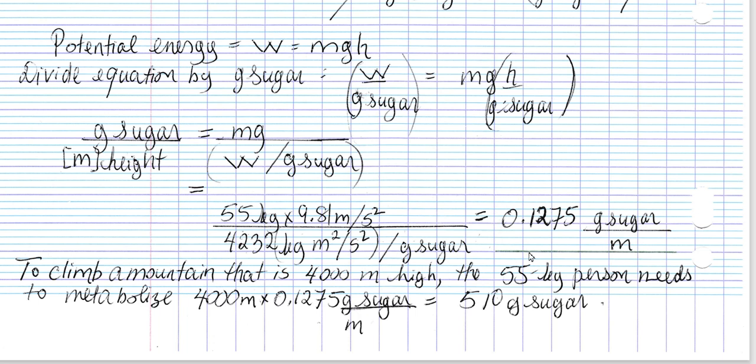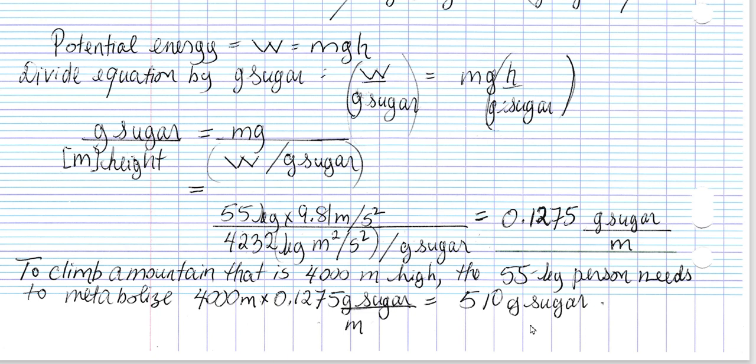So, in other words, to be able to climb 1 meter, 0.1275 grams of sugar need to be metabolized. As an example, to climb a mountain that is 4,000 meters high, the 55 kilogram person needs to metabolize this quantity of sugar, 4,000 meters times 0.1275 gram sugar per meter, or 510 grams of sugar.